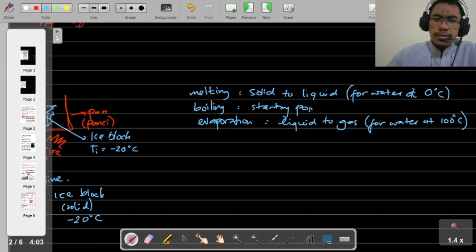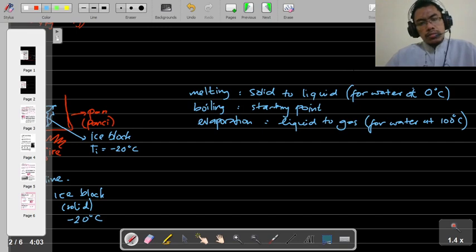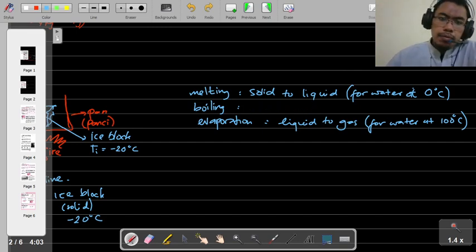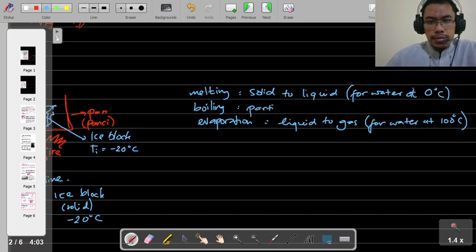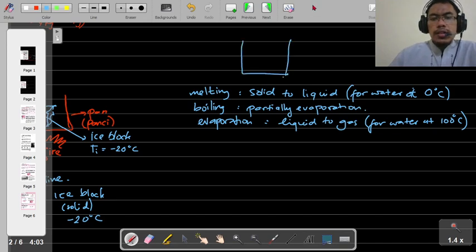Boiling is partially evaporation. Okay, so let's say you have a pan here, and then you heat it with the fire.